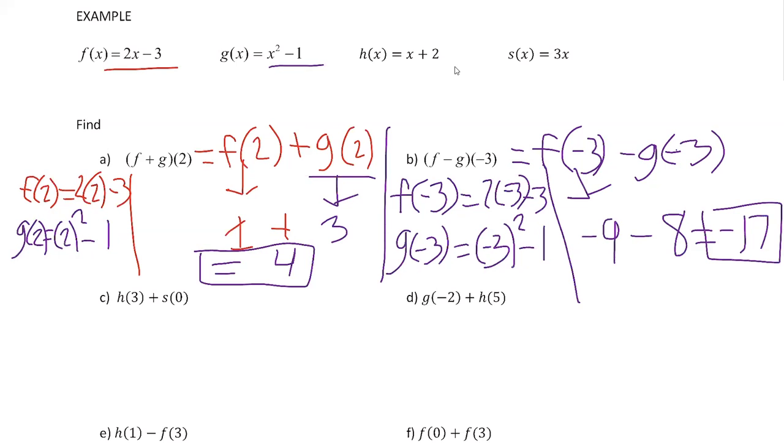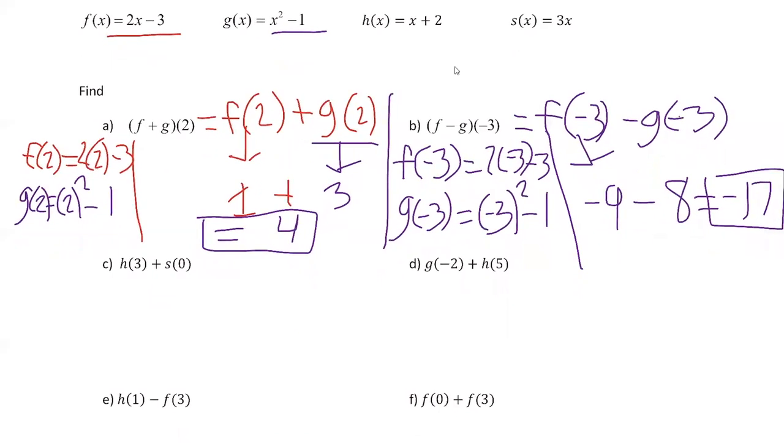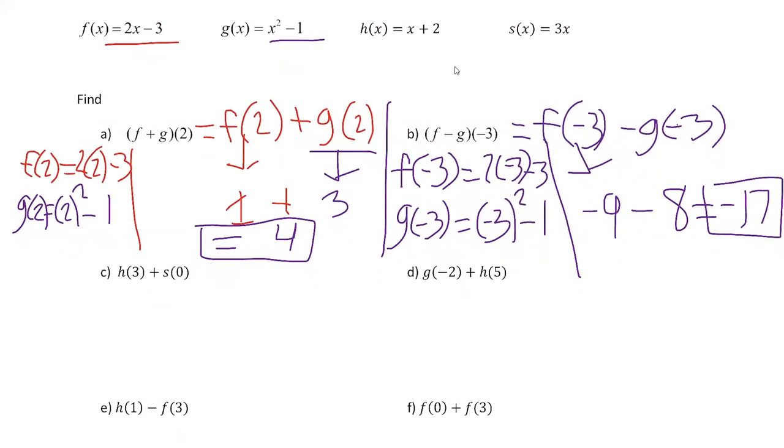I'm going to do one more, just so we see that there are different functions. So let's look at this third one, then maybe I'll have you try the last three. So C, you have h of 3 plus s of 0. So h of 3, if I can squeeze it in, that's this function here.